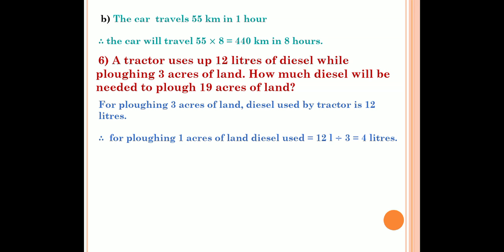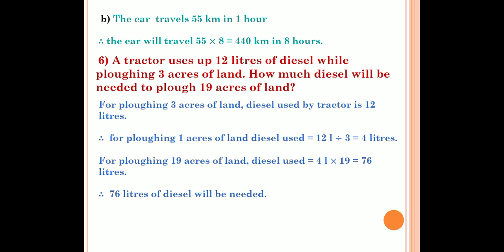So when they are giving us about more, we have to find out about 1. So therefore, for ploughing 1 acre of land, diesel used is equal to 12 liters divided by 3. So when you divide, you find out about 1, and that is how we know it is 4 liters. Then for ploughing 19 acres of land, diesel used will be 4 liters into 19 gives us 76 liters.